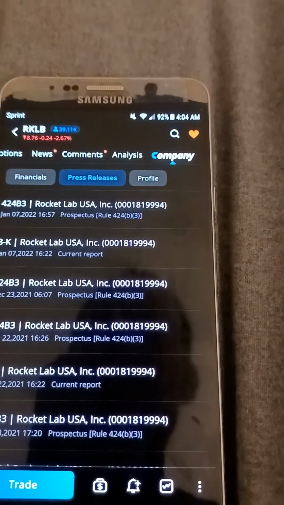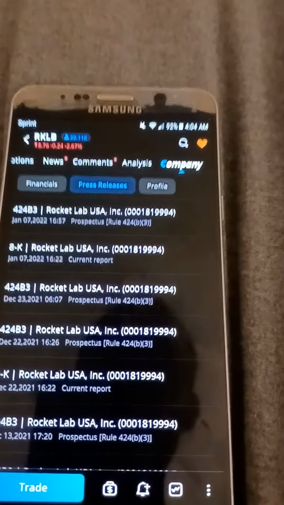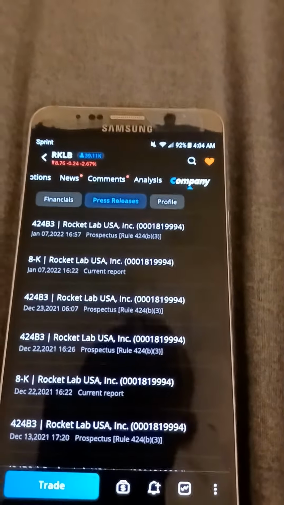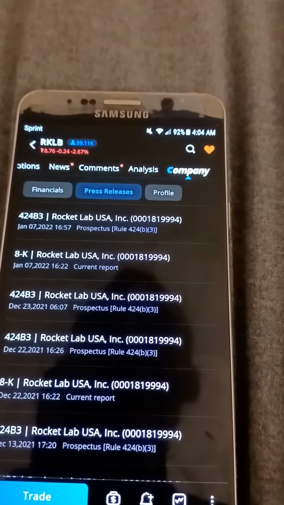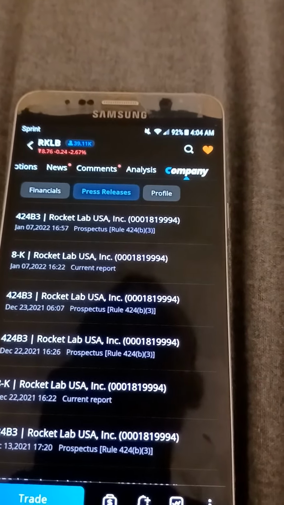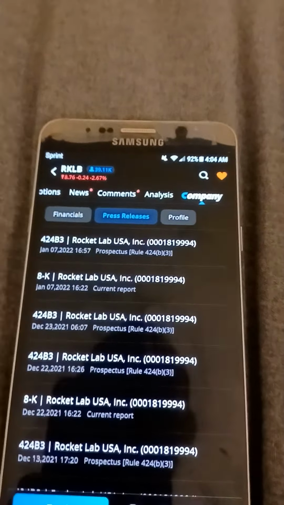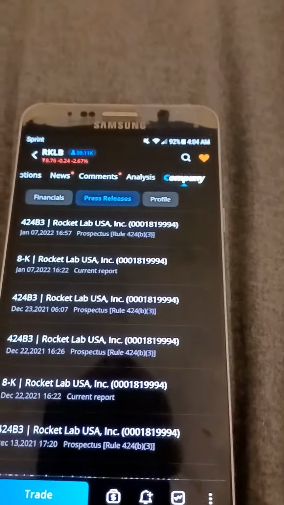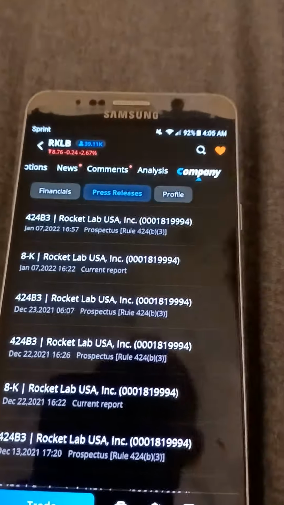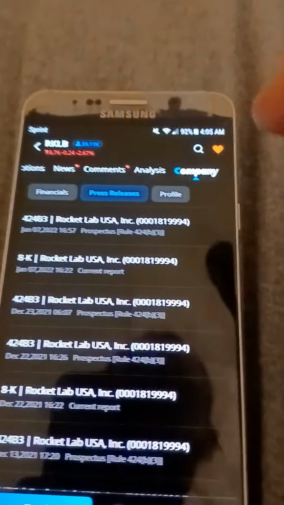I also recommend people check out Market Watch, get on Investopedia as much as you can. And another really good place, a lot of people don't like it, I like it just because one reason, they're usually really quick with their releases, and it's on Webull, and it's Seeking Alpha.